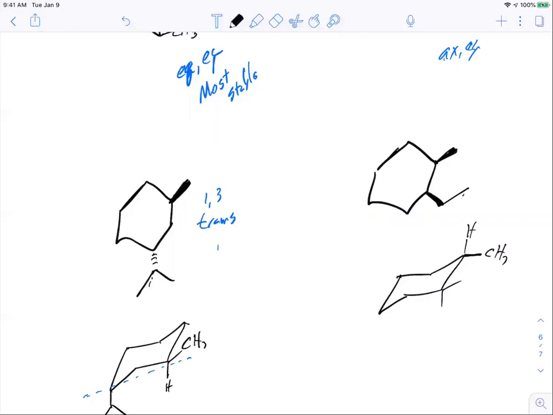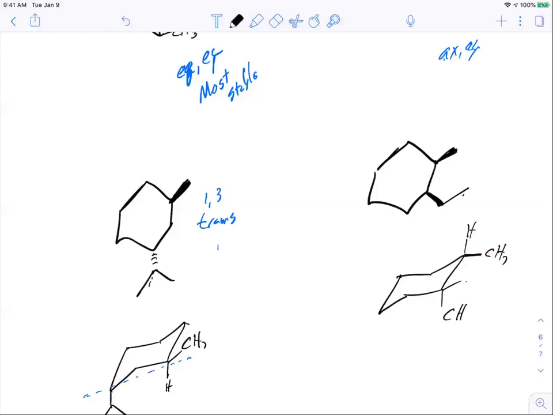So if we're looking at this, which of these two down here are on the same side? This one or that one? Okay, that's going to be on the same side as the methyl, right? If we think about it, these two are going to be towards the top of that ring. These two are going to be towards the bottom.